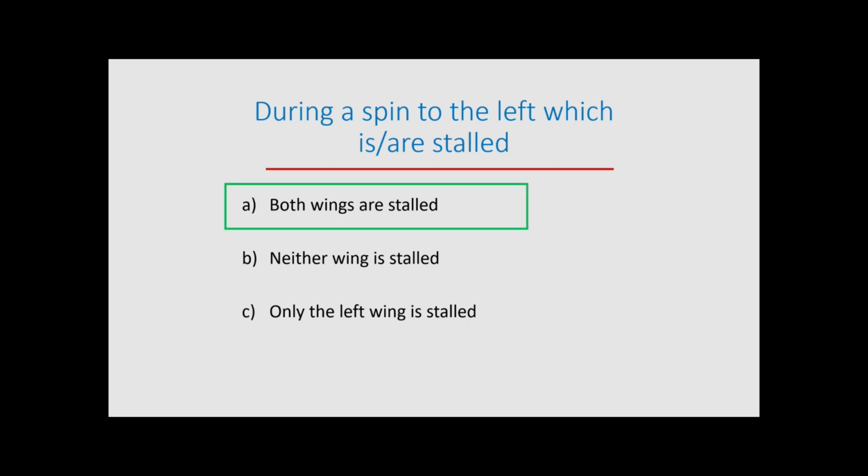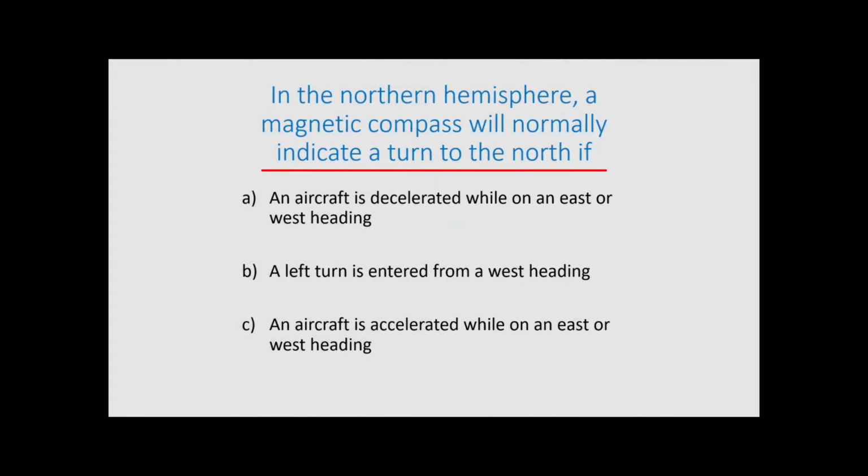Both wings are stalled. In the northern hemisphere, a magnetic compass will normally indicate a turn to the north if an aircraft is accelerated while on an east or west heading.